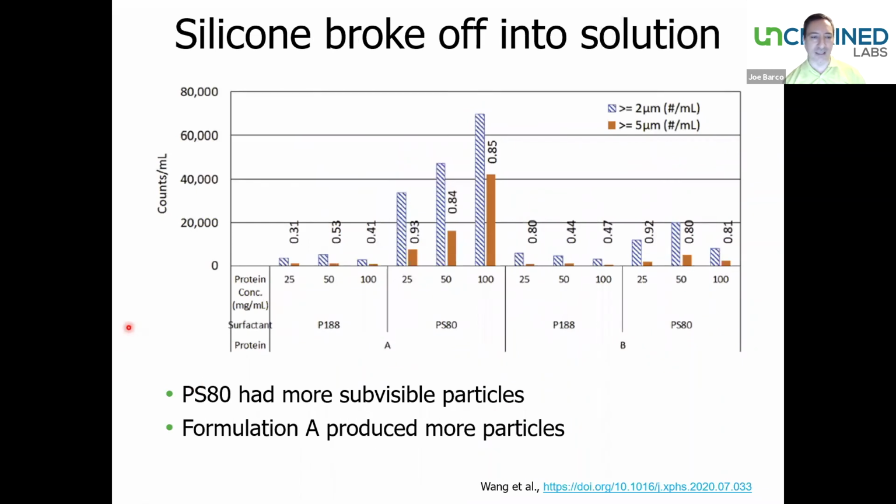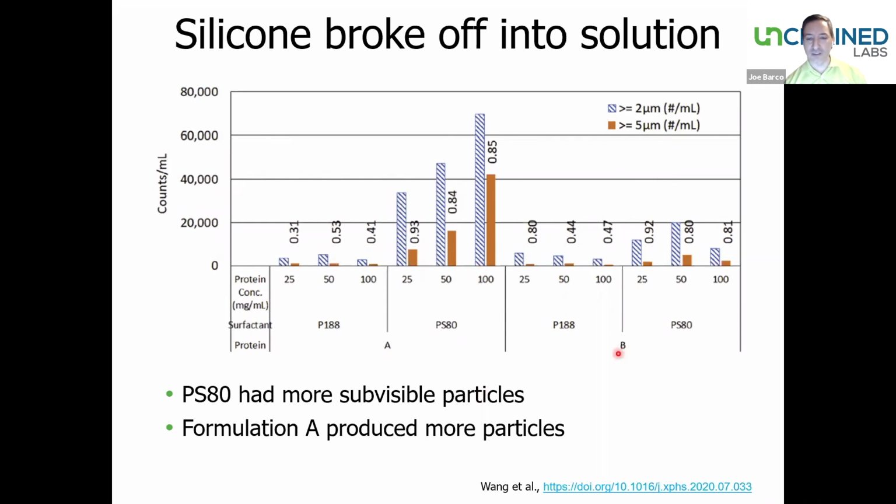Now, it's pretty obvious that if it's not on the syringe barrel, it must be in the actual solution. And so that's where the MFI measurements come in. You can see that if I look at just formulation A, with P188 I have fairly low amounts of particle counts. This 5 micron is what's determined later to be silicone droplets. Whereas with polysorbate 80, I see a pretty high increase in particles, especially as I increase protein concentration.